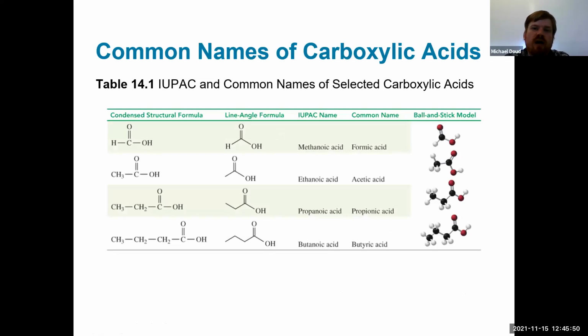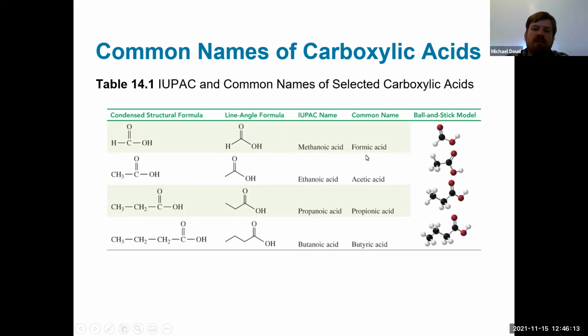Now there are literally two carboxylic acids that you need to know the common name of because they are in common usage. One is a poison and the other is a relatively common flavoring agent, or something that you can drink anyway. Up top, we have methanoic acid.